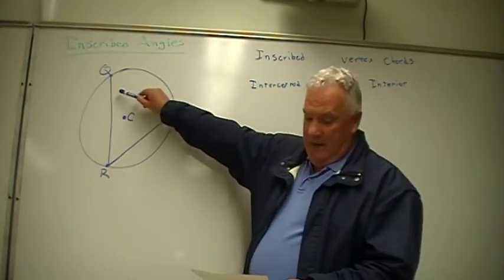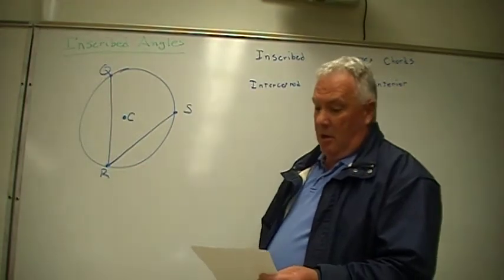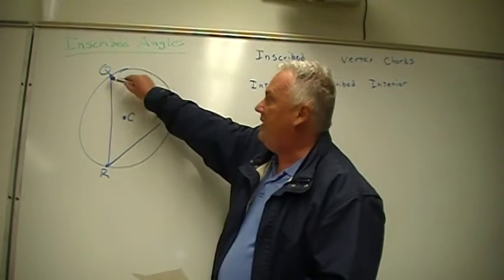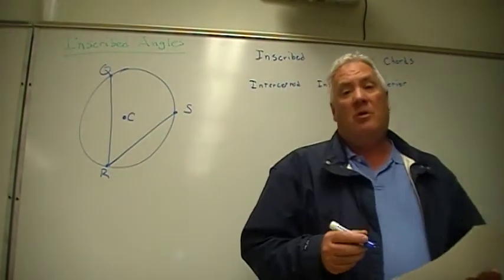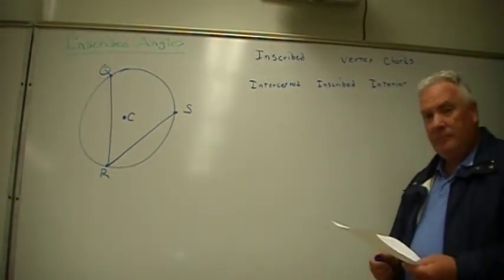An inscribed angle has a vertex, right there, R, on a circle and sides that contain chords. So there's a side, which is a chord, and here's a side, which is a chord. And we dealt with chords in our previous lesson.